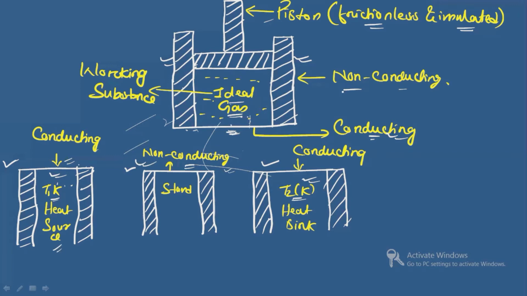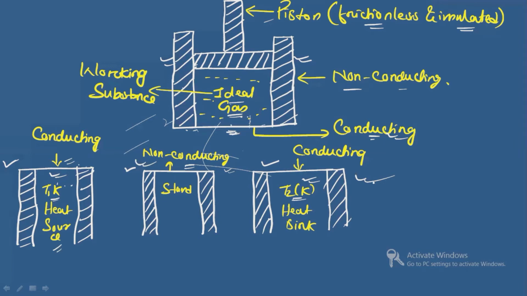Then some amount of work will be done, and the remaining heat, the rejected heat, will be transferred to the sink, right? So this is what happens: Q1 amount of heat is transferred to the working substance, then it does some amount of mechanical work, and the rejected heat is transferred to the heat sink.